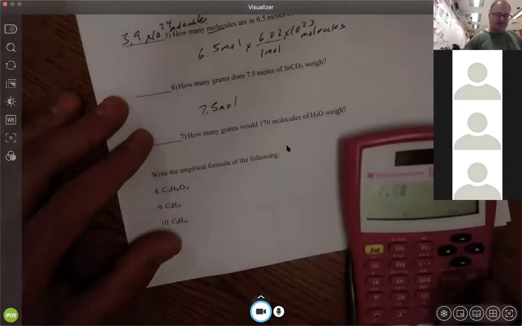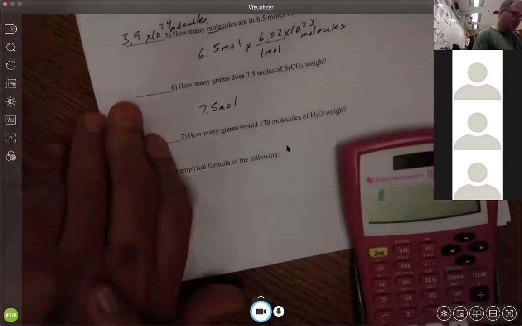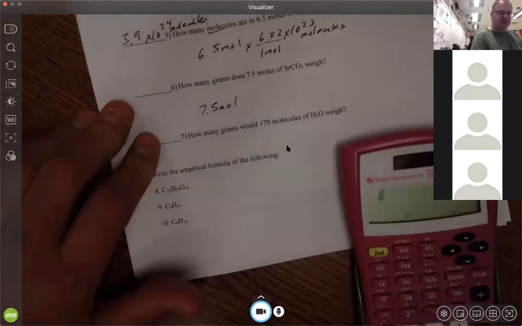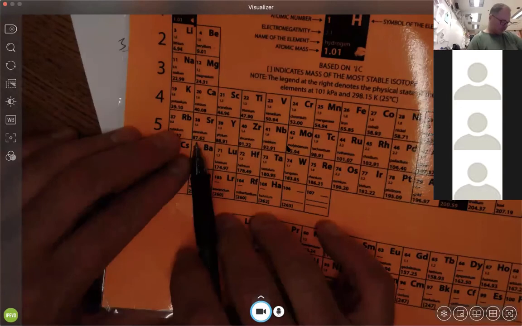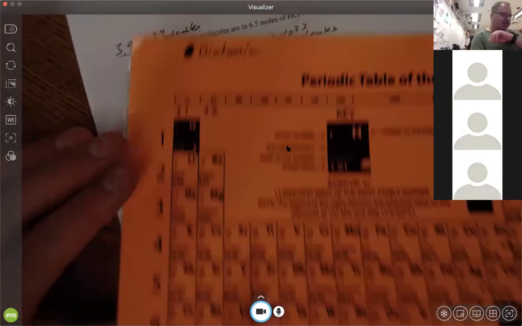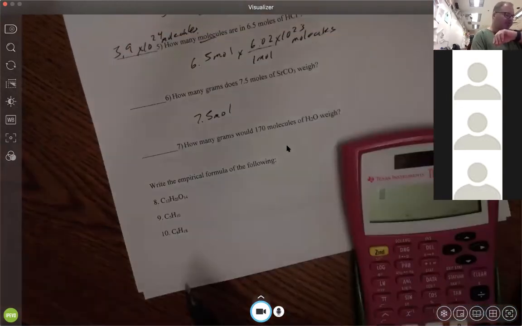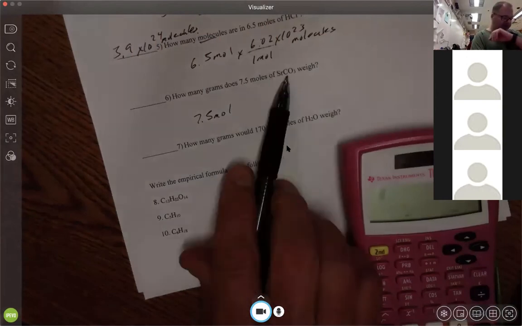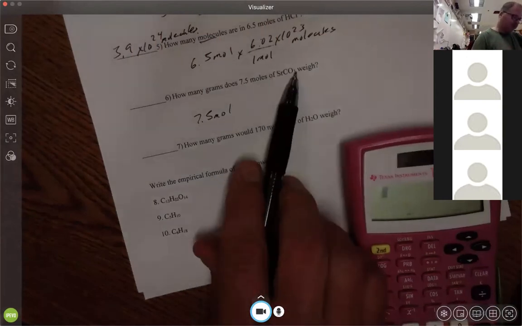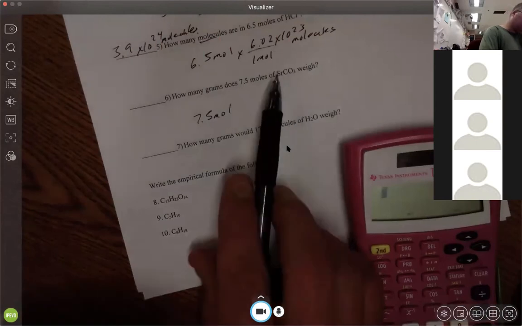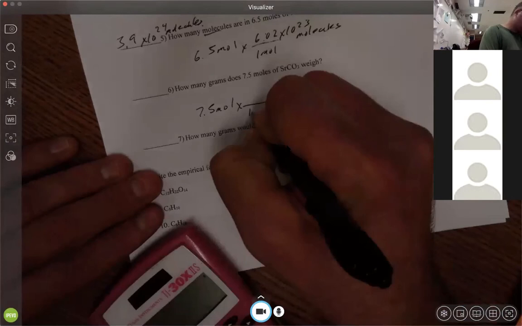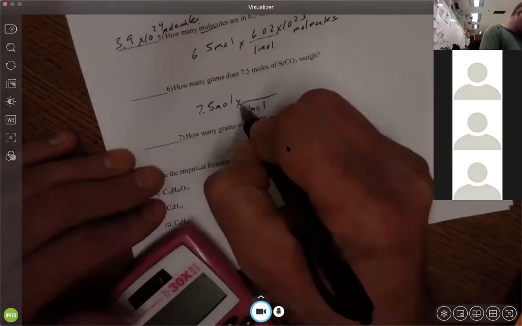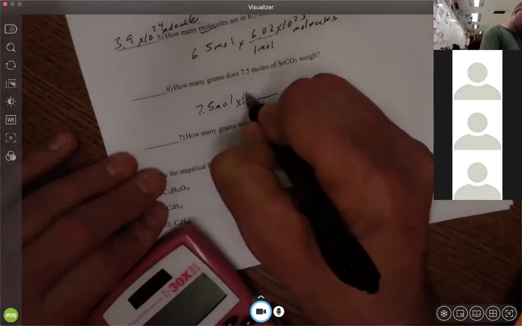So strontium is 87.62. 87.62 plus 12.01 plus 3 times 16. It's 147.63. Every 1 mole of that is 147.63 grams of strontium carbonate.